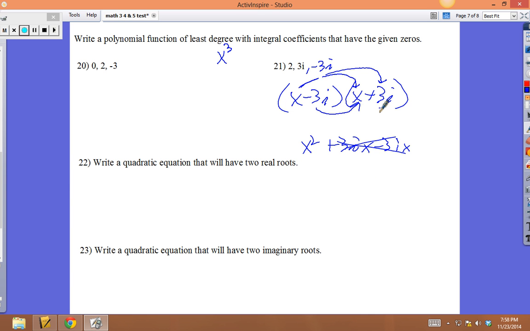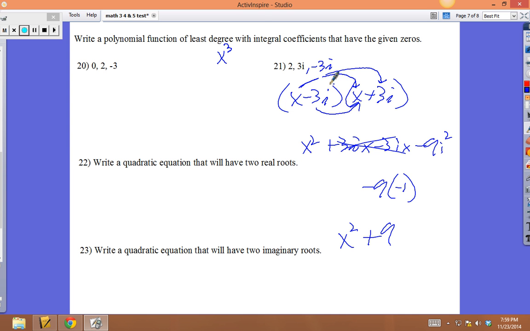And a negative 3i times 3i is a negative 9i squared, but i squared is a negative 1, so negative 9 times negative 1 is positive 9, so you got x squared plus 9. That's for the two imaginary roots.